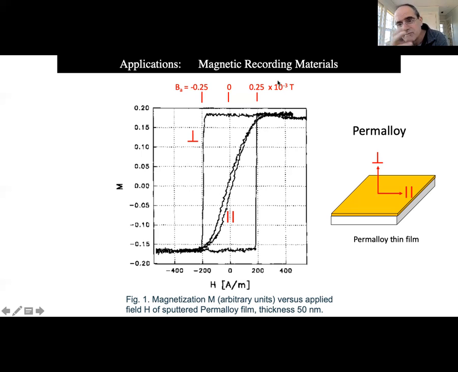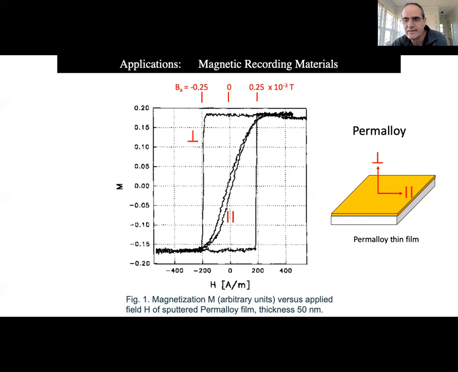So it's still stronger than the Earth's magnetic field, so it won't just switch randomly as you move things around, but it's a relatively small field so that we can easily switch it back and forth inside of our recording device. Okay? Magnetic recording materials are usually thin films. It's interesting to see that thin films are anisotropic, meaning that the magnetization curve for magnetization in the plane is different from that perpendicular to the plane, in this piece anyway.